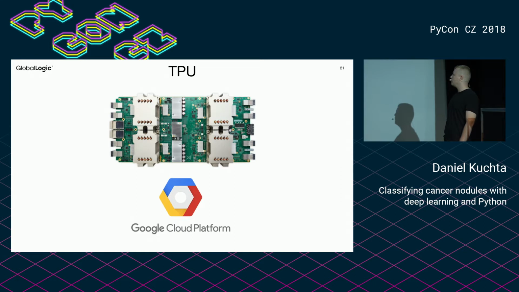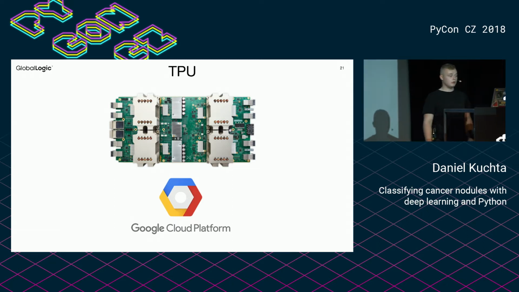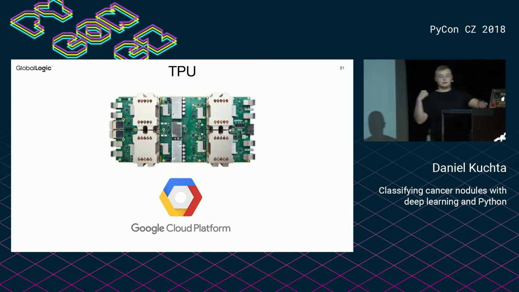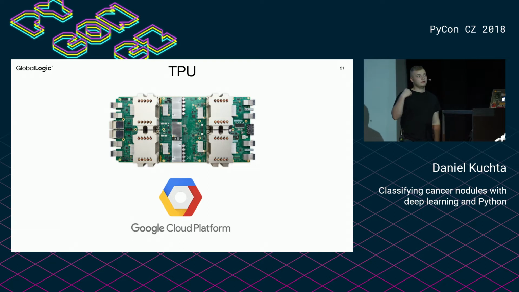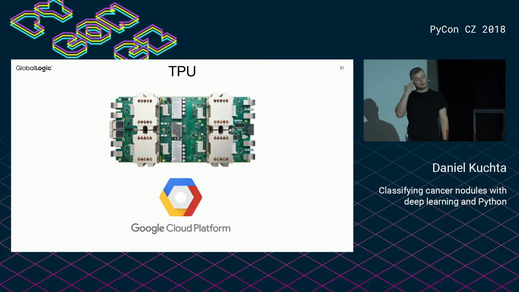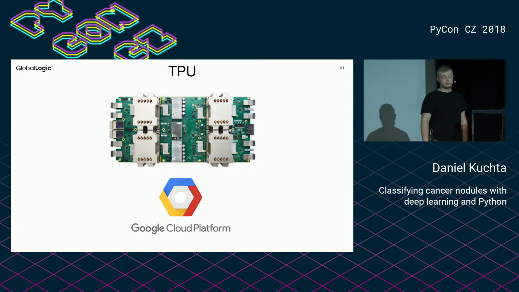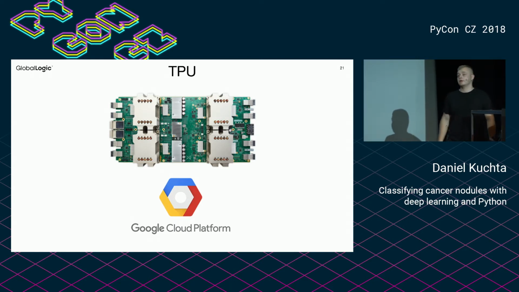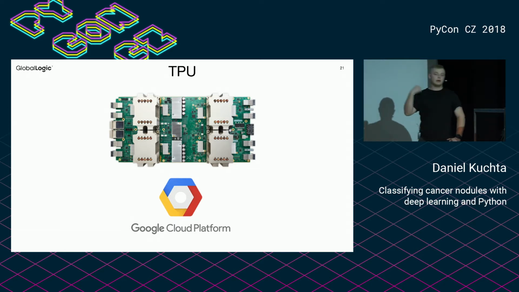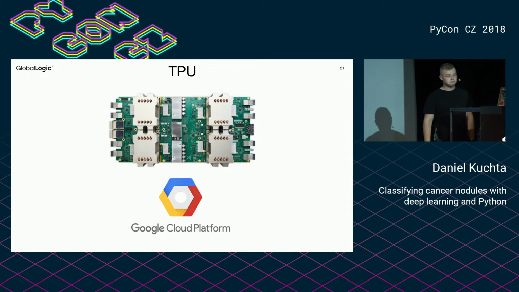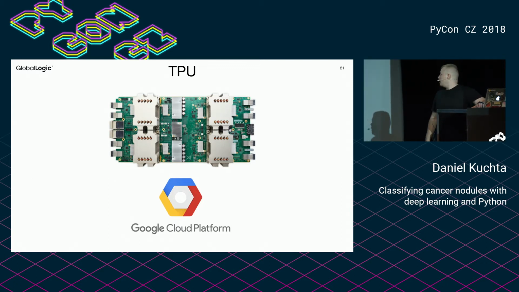I think these are now publicly available already, but we were using them a couple of months ago. They offer a really huge improvement either in speed or in price of training your models. So if you're interested in machine learning and you haven't tried the TPUs yet, just go ahead and give it a shot.